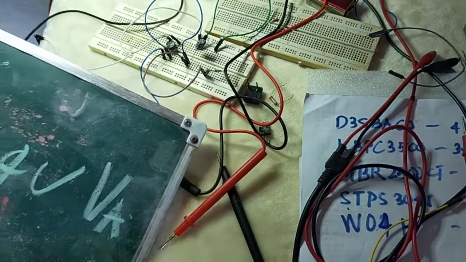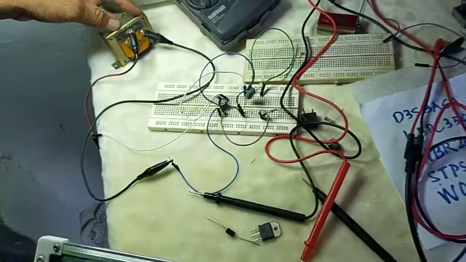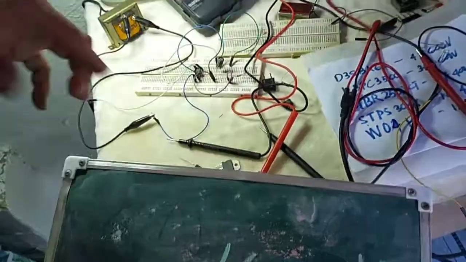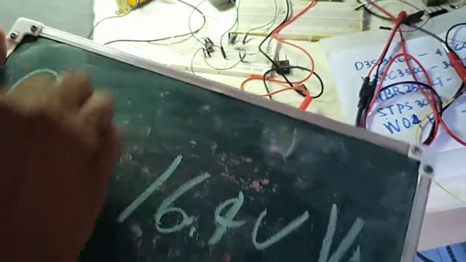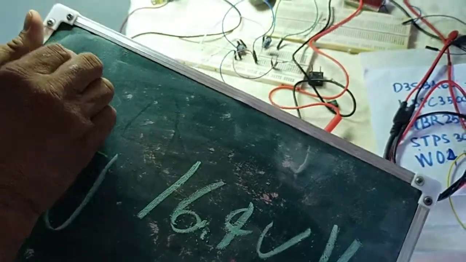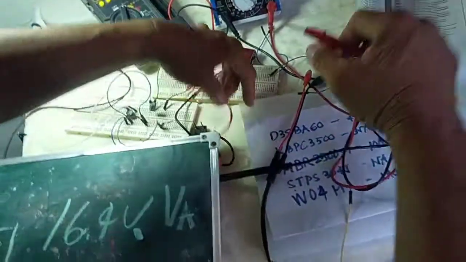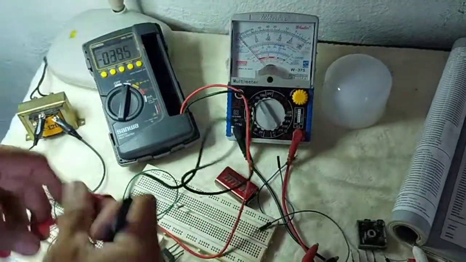Why is it, class, that it becomes 16.4, whereas the voltage at the secondary is only 12 volts something? Because the capacitor will store voltage up to the peak value. Remember, let us measure again the voltage across this transformer.